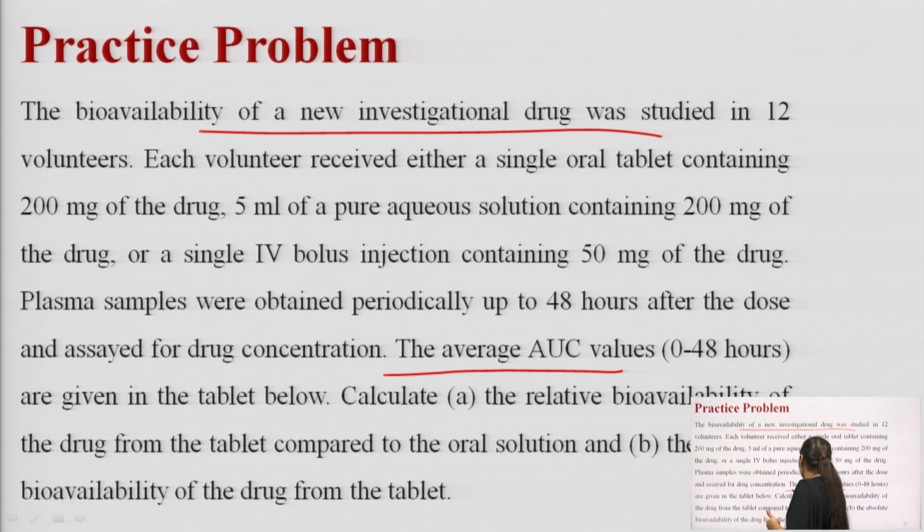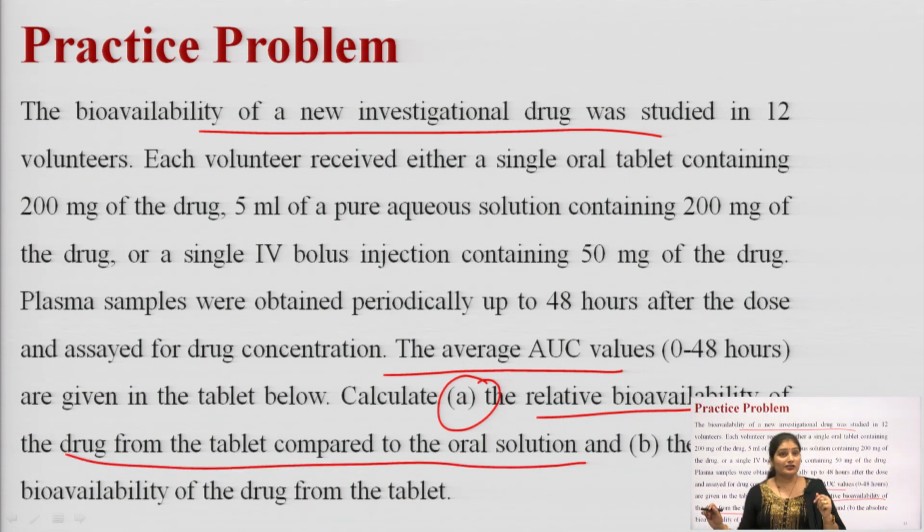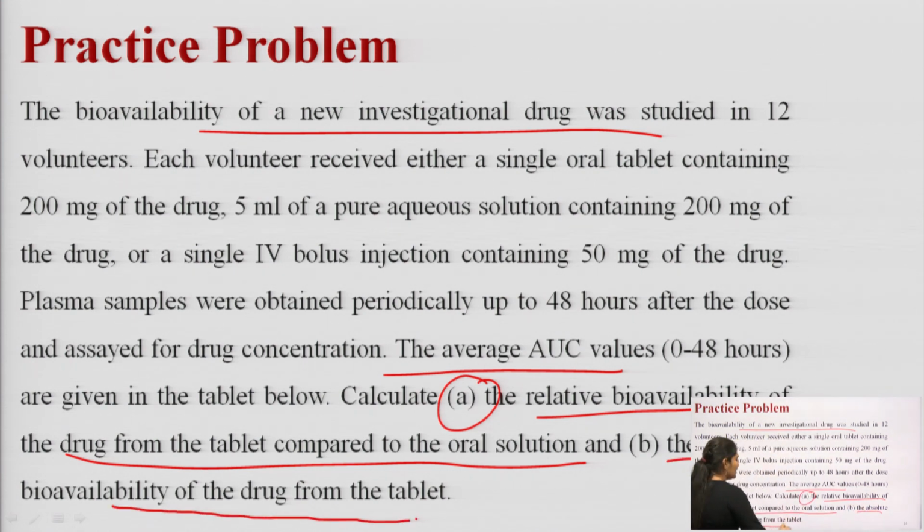First, we have to determine the relative bioavailability of the drug from the tablet compared to the oral solution, and second is the absolute bioavailability of the drug from the tablet. So, what is the formula for relative bioavailability? In relative bioavailability, we are comparing two different formulations of the same drug.